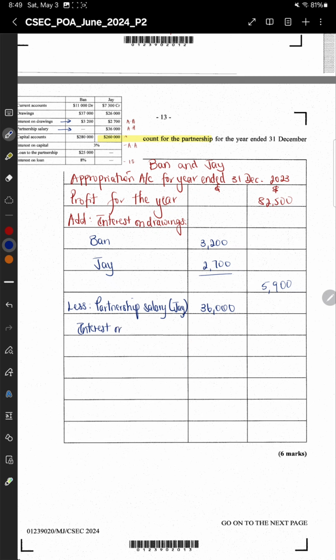Next is interest on capital. We have Ban and we have J. So here we have 3%.